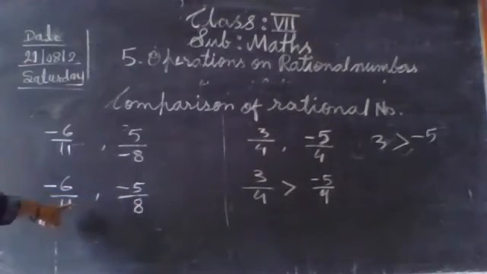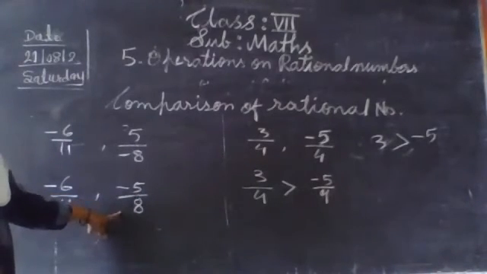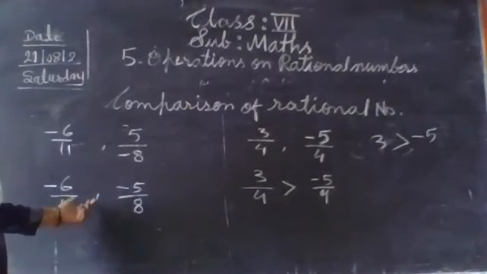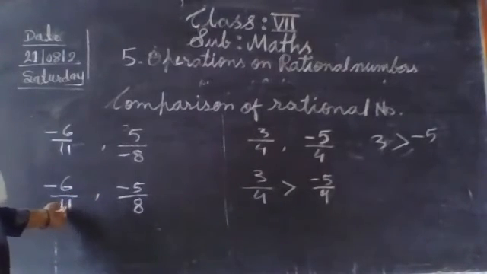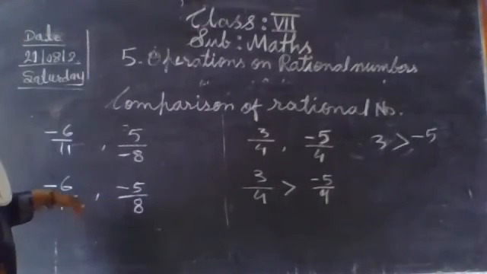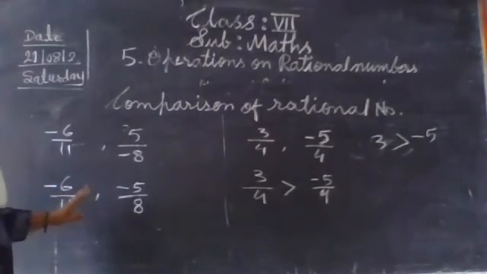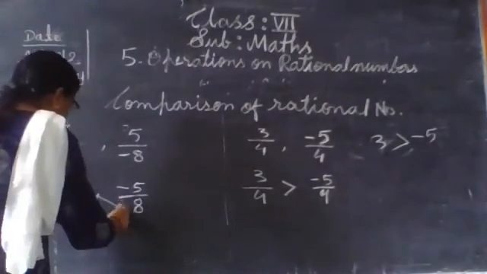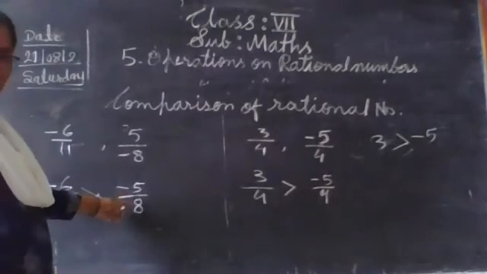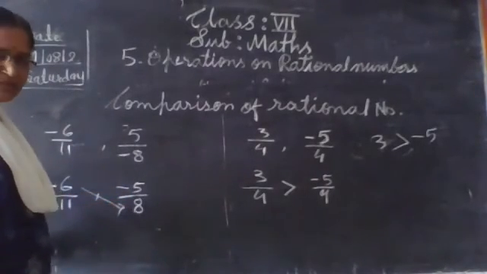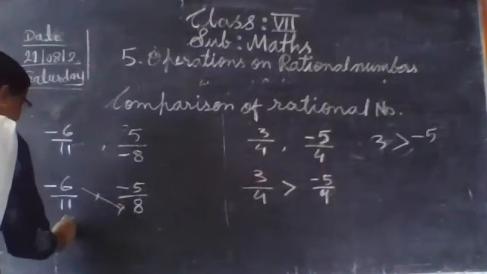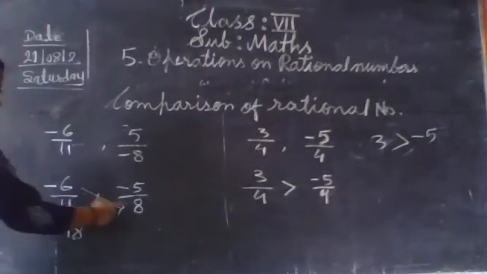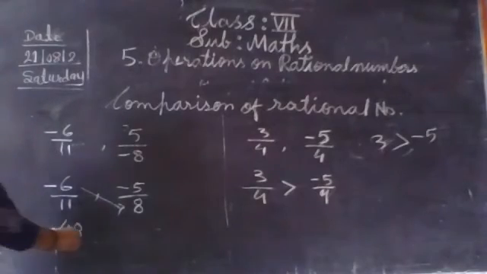See children, denominators are different. So first we have to make them equal or convert them into like, by finding their LCM, then converting their numerators. Instead of this, you can cross multiply. First numerator and denominator, write on the left side. 6 8s are 48, but it is minus 6, so minus into plus is minus.